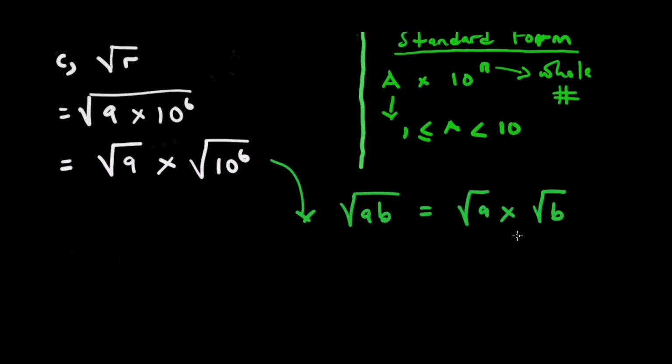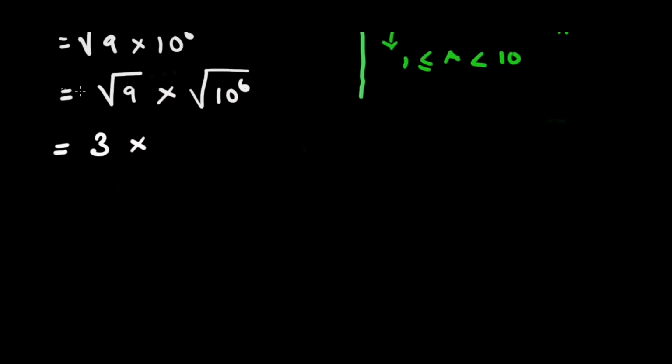So the square root of 9 times 10 to the power 6 is equal to the square root of 9 times the square root of 10 to the power 6, of which the square root of 9 is 3, multiplying the square root of 10 to the power 6. What is that? We want to know the square root of 10 to the power 6.